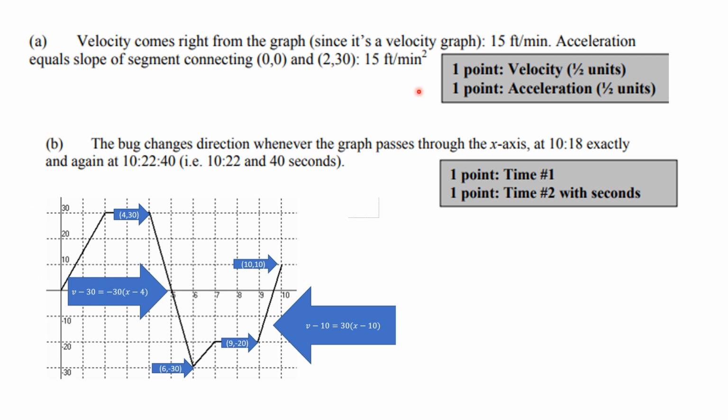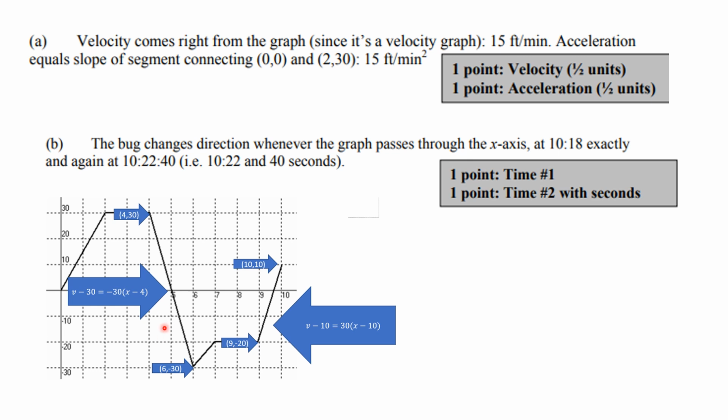Now, acceleration is the change in velocity, so acceleration equals the slope of the segment that connects 0, 0, and 2, 30. It goes across 2 minutes, and it changes 30, so it is also 15, but the units are different. It is 15 feet per minute squared.